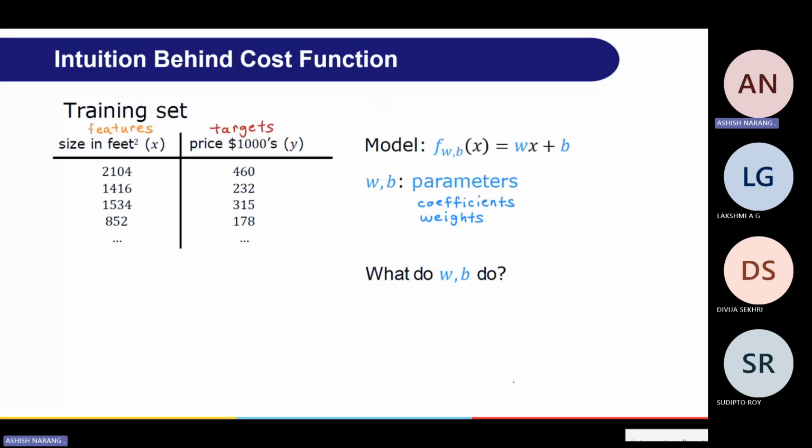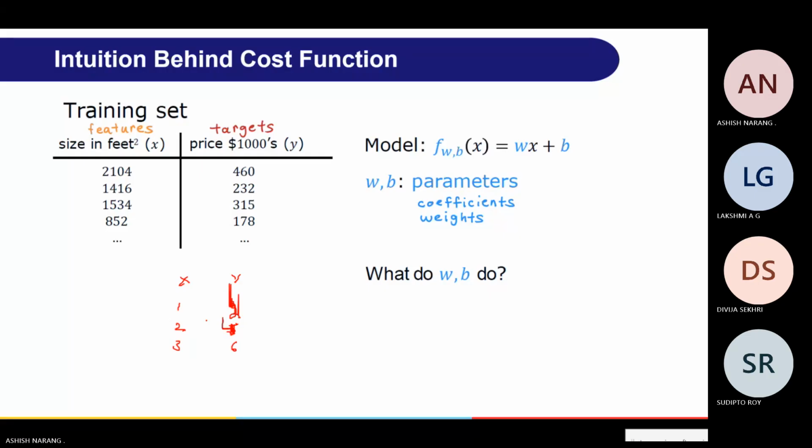Let me take a simple example rather than this particular thing. I have some x feature and some y feature. Let me simplify: x values are 1, 2, 3 and y values are 2, 4, 6.